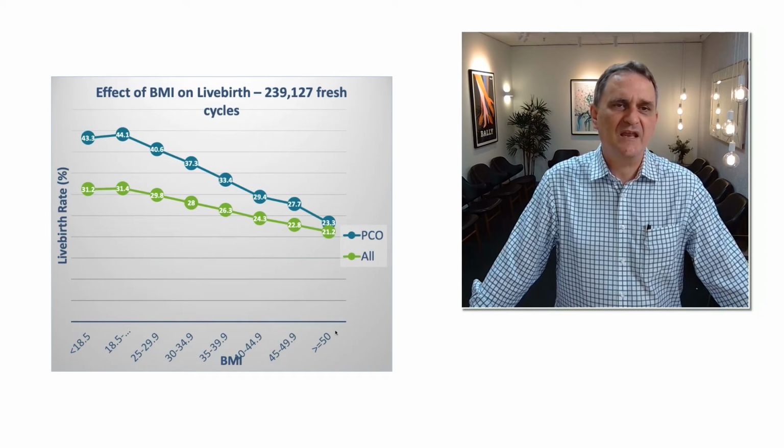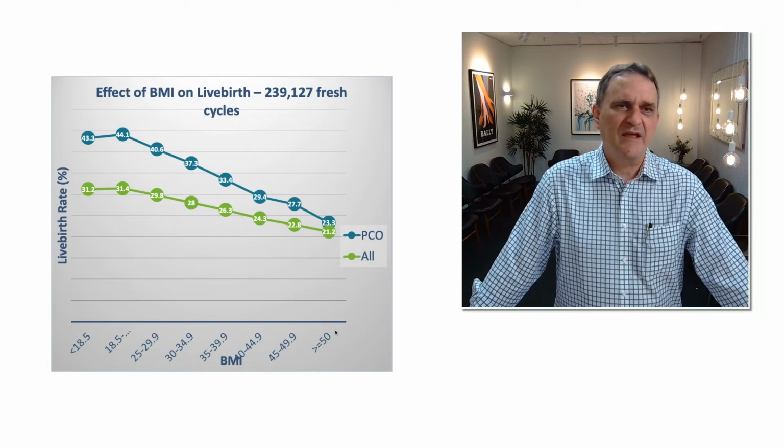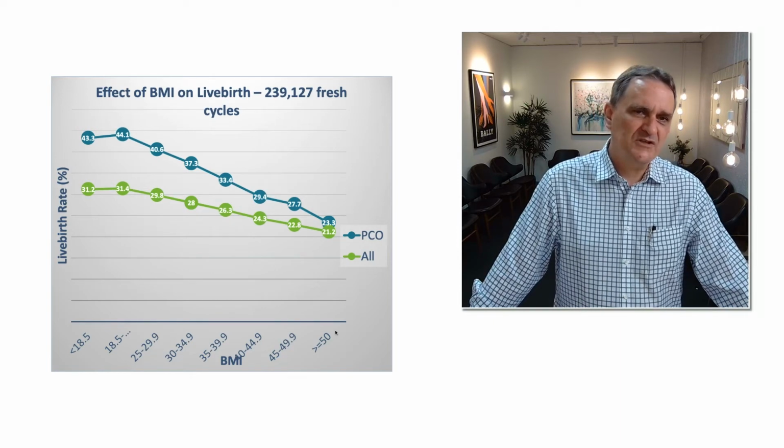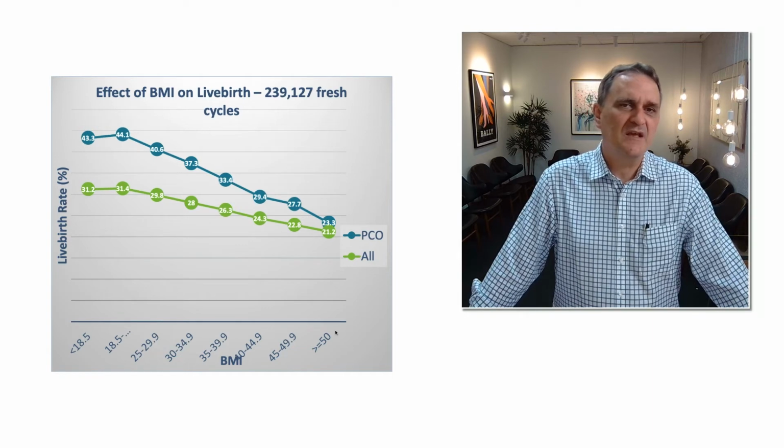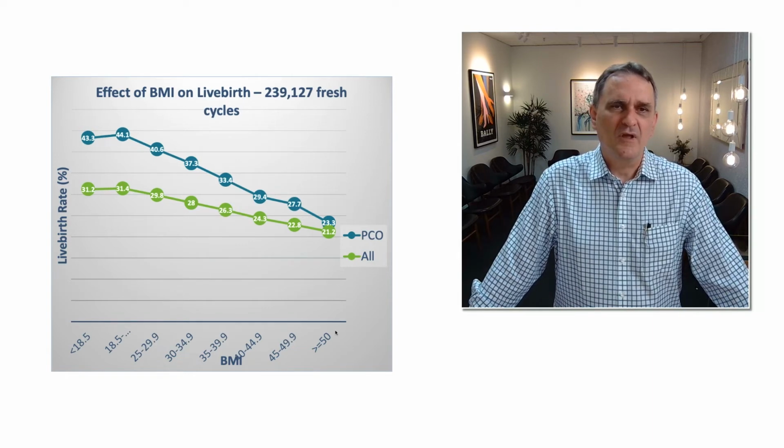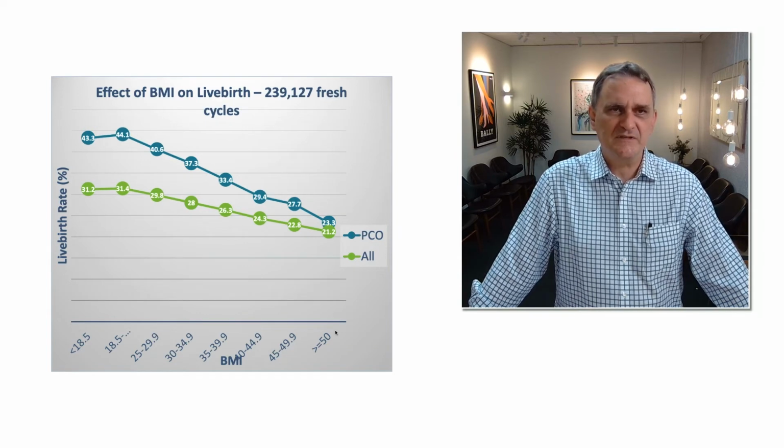You're starting out with an average of around 31%, and that gradually drifts down, so that when you're looking at women whose BMIs are over 50, their chance of getting pregnant and having a baby per cycle has dropped down to around 20%.